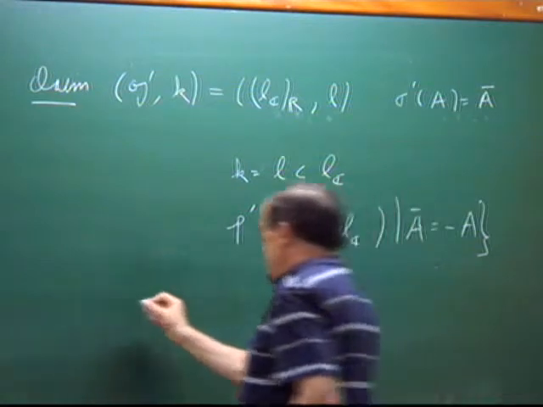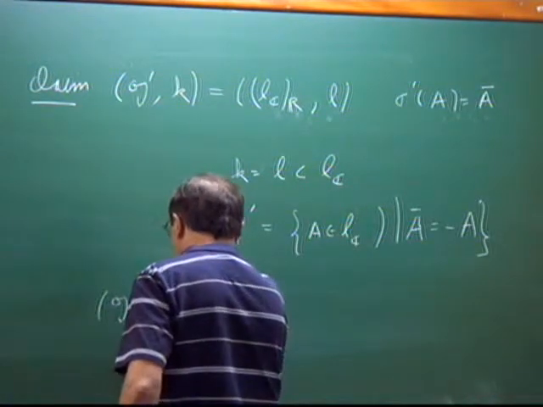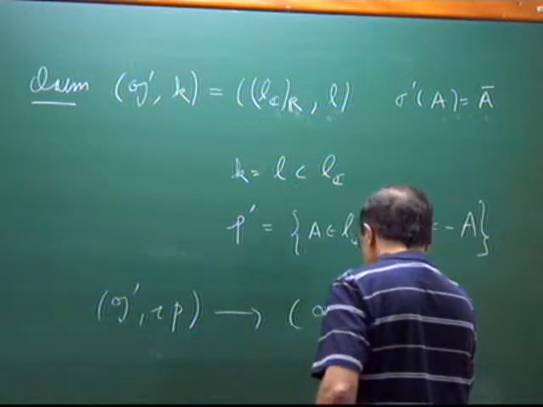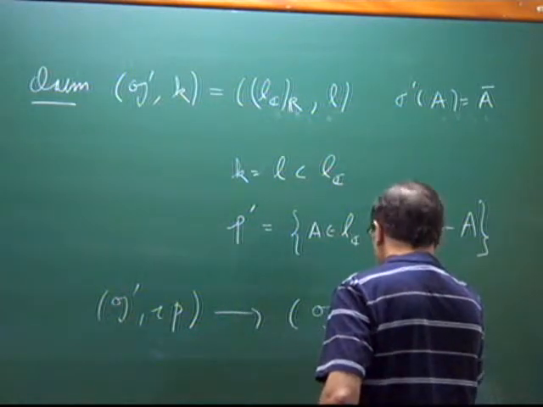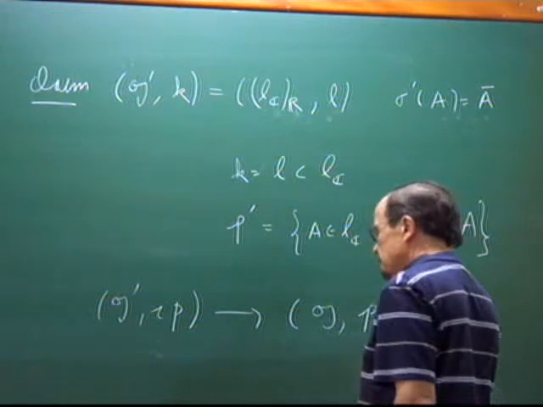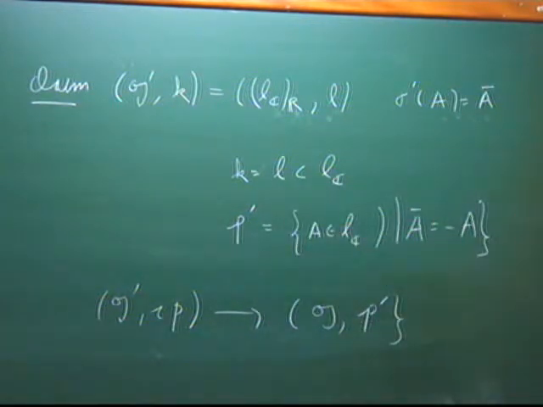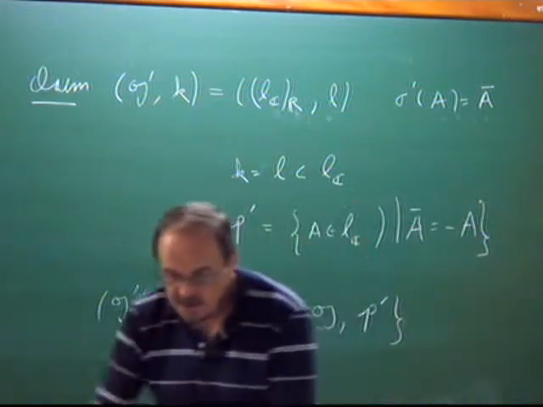I want to define something which takes G prime, comma, IP to G comma P prime. So what automorphism do I do?